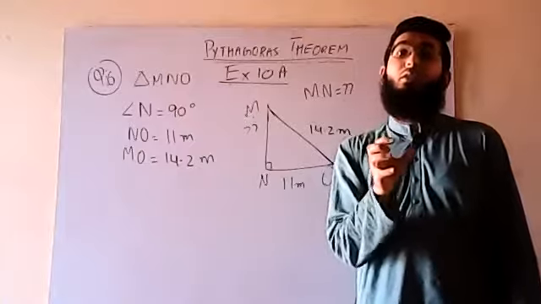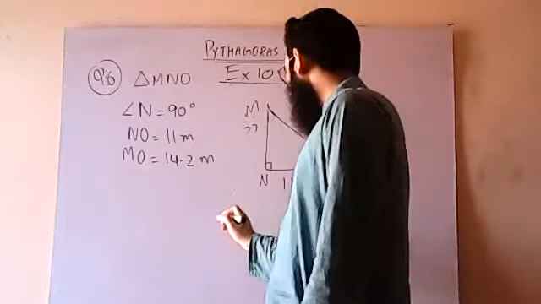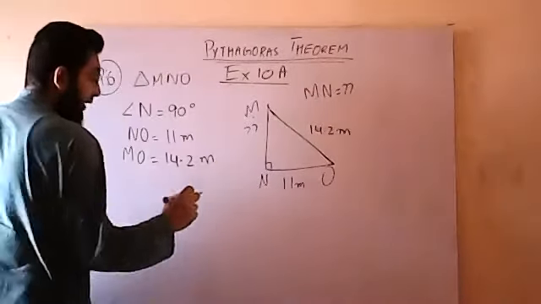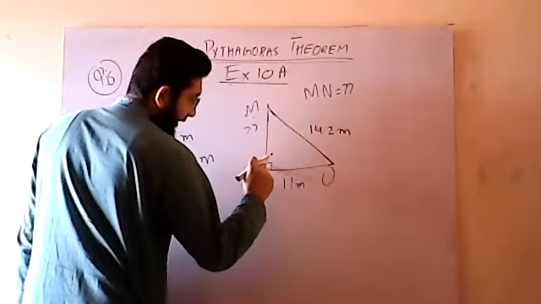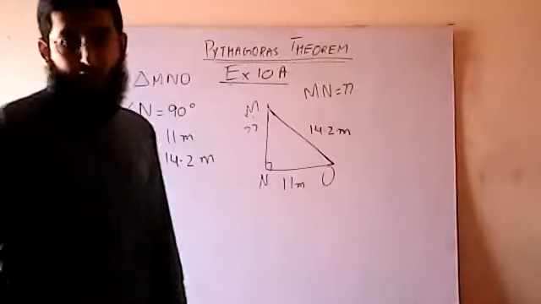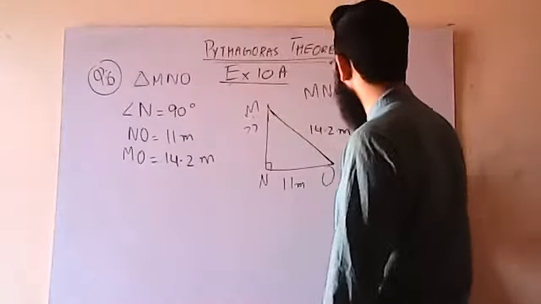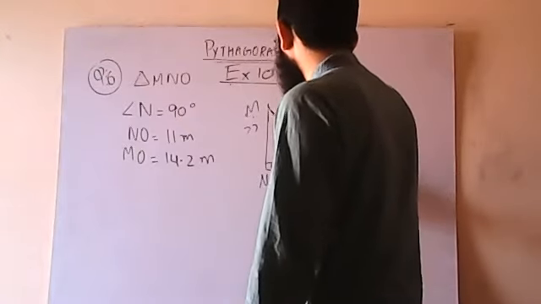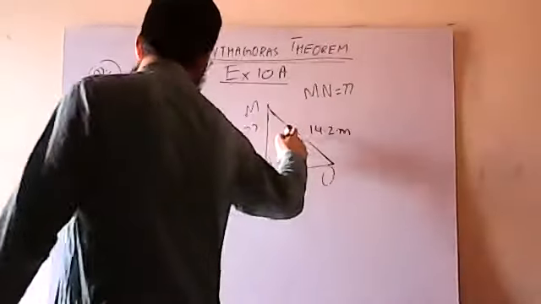The hypotenuse is the side that is opposite to the 90 degree angle. The side opposite to the 90 degree angle is MO, which is 14.2. Now, this is the hypotenuse.